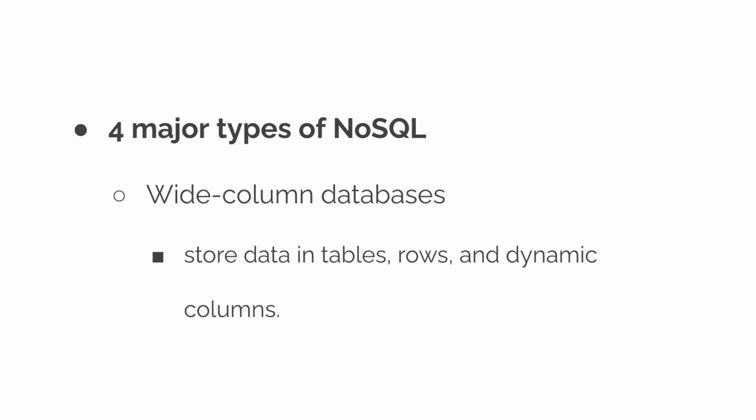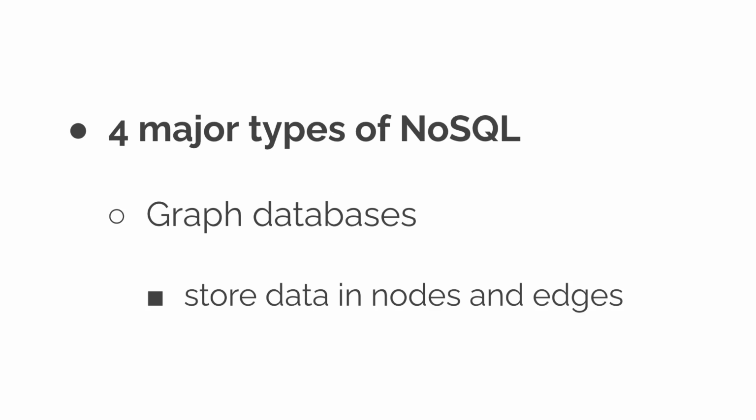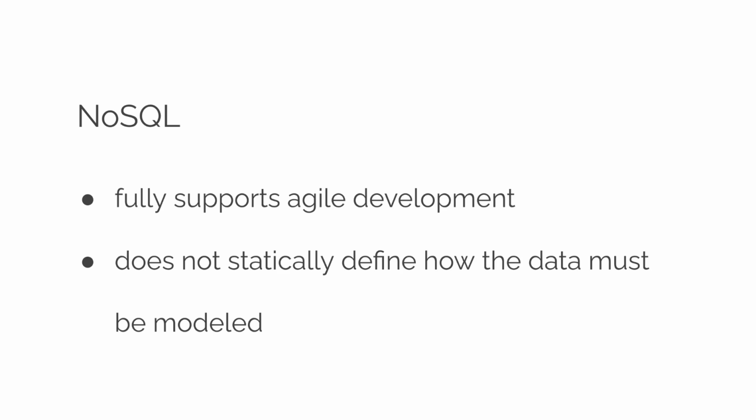The third major type of NoSQL database is the wide column database. This type stores data in tables, rows, and dynamic columns. And finally, the fourth major type is the graph database. This stores data in nodes and edges. There are many types of NoSQL databases that you can use depending on your project.